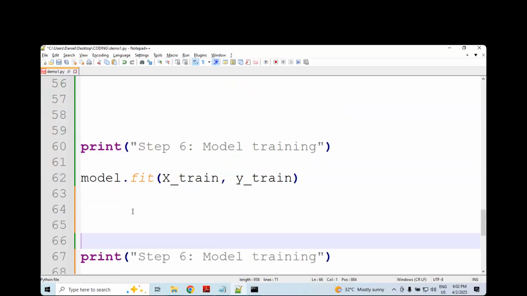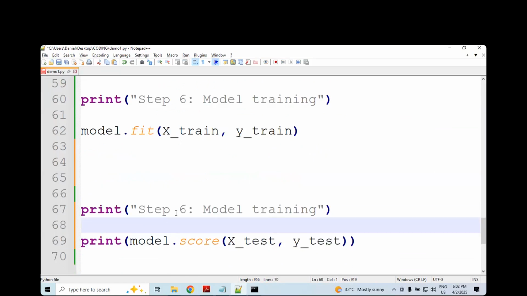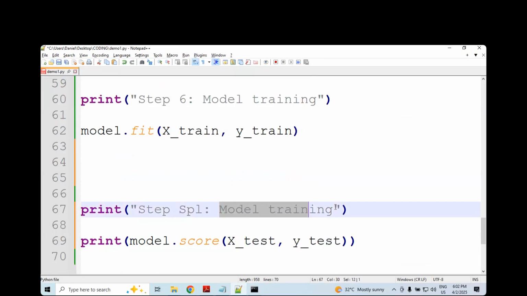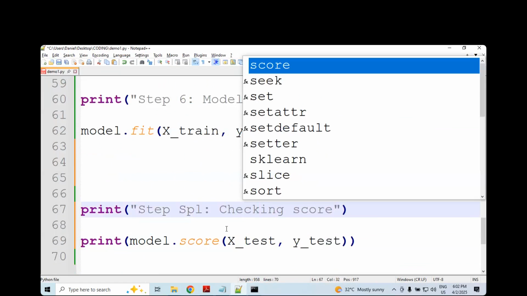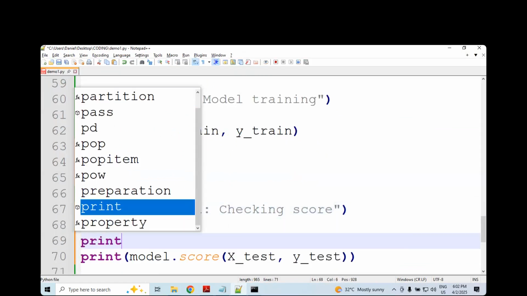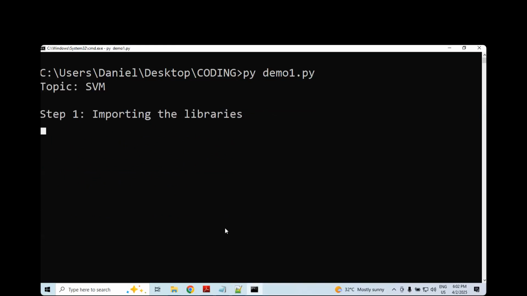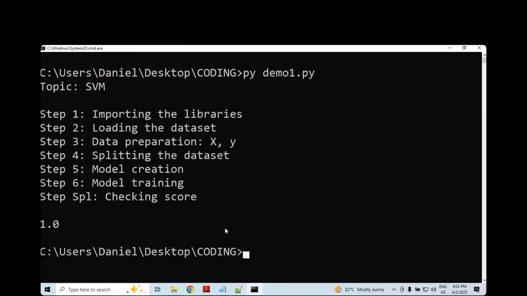Special step, sir. Checking the score. Model score. Yeah, you can cross-verify. Nice, man. Very good. It is showing 100 out of 100.